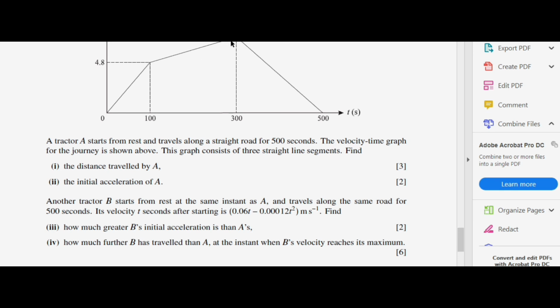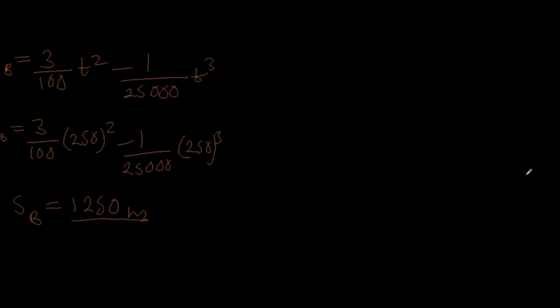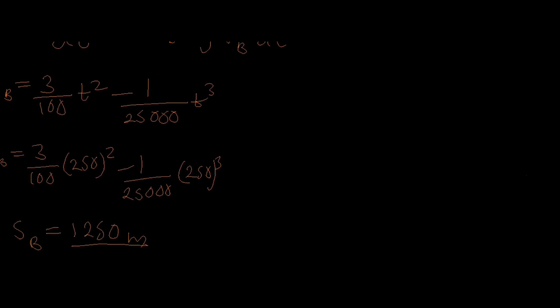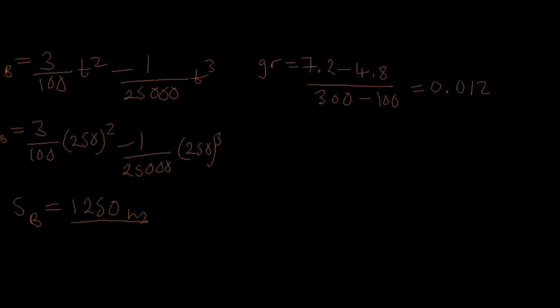So let me find the gradient of this line: 7.2 minus 4.8 over 300 minus 100. And I'm going to get 0.012. In other words, 0.012 is the gradient of this line.